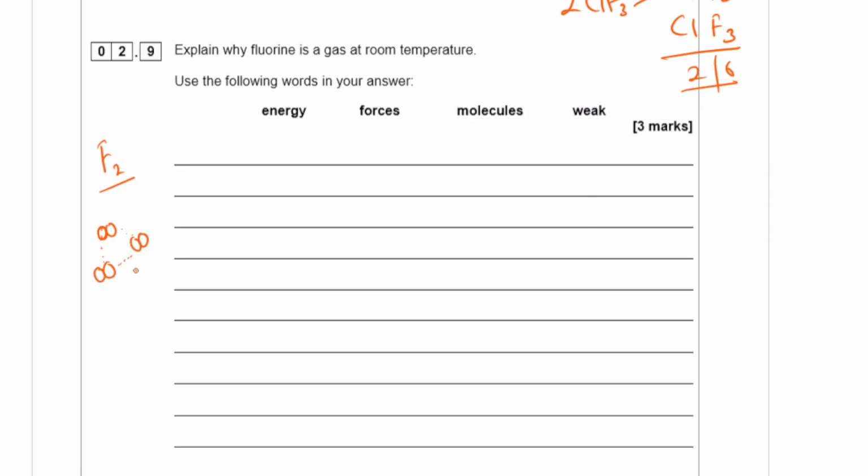So if the attraction between the molecules was strong, for example like in water, it's much stronger than fluorine, they'll be closer to each other and it'll form a liquid. And if it's much stronger, then it can be a solid.